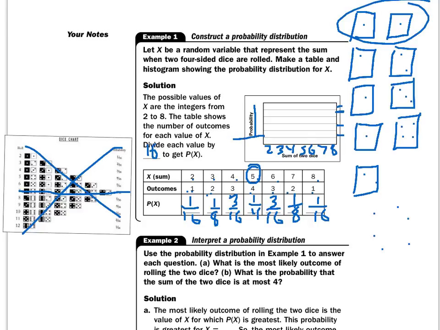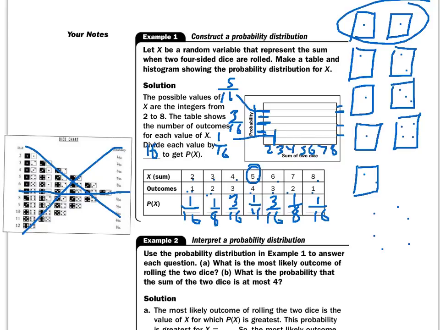So we could make our first line 1/16, and then this would be 2/16. This line would be 3/16, 4/16, and 5/16. Alright, so it just makes it easier for us to draw our histogram. So because each line will then represent another 16th that it could be.